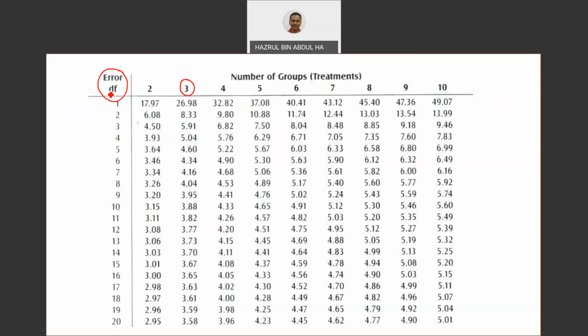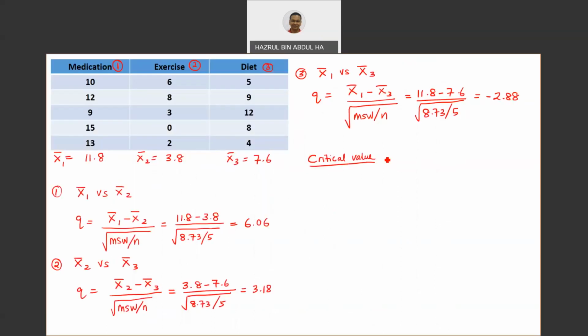Degree of freedom within group is the degree of freedom for the denominator, which for this example is 12. So this is your critical value. The critical value is 3.77.